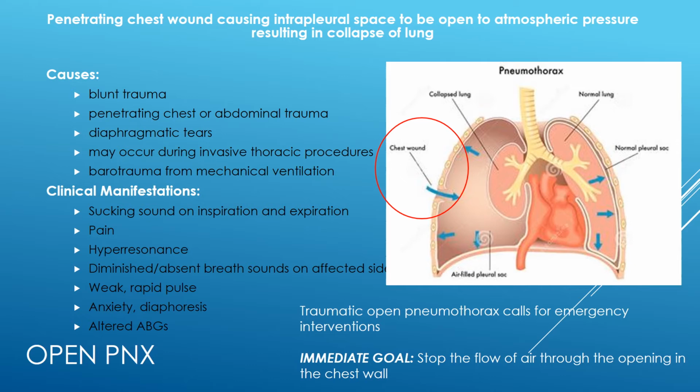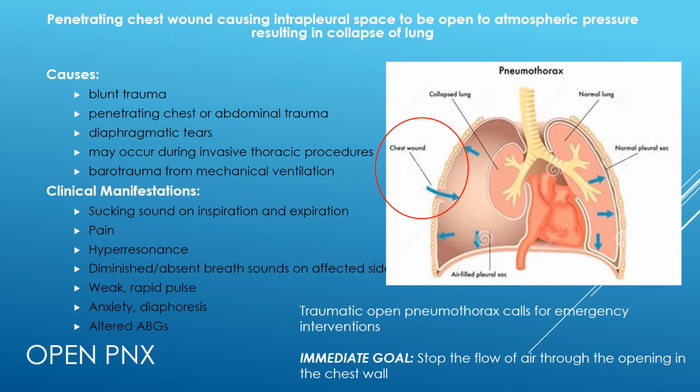So other causes are blunt trauma. So if your rib fractures were to break and stick out, causing a hole in the chest wall, diaphragmatic tears, and also barotrauma from mechanical ventilation. So your clinical manifestations, when you have an open pneumothorax, one of the classic things is a sucking sound when they breathe in and out.